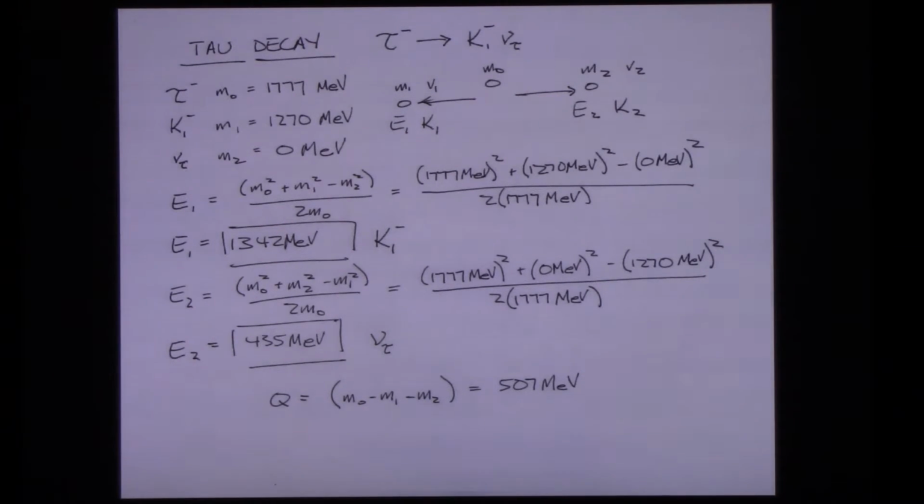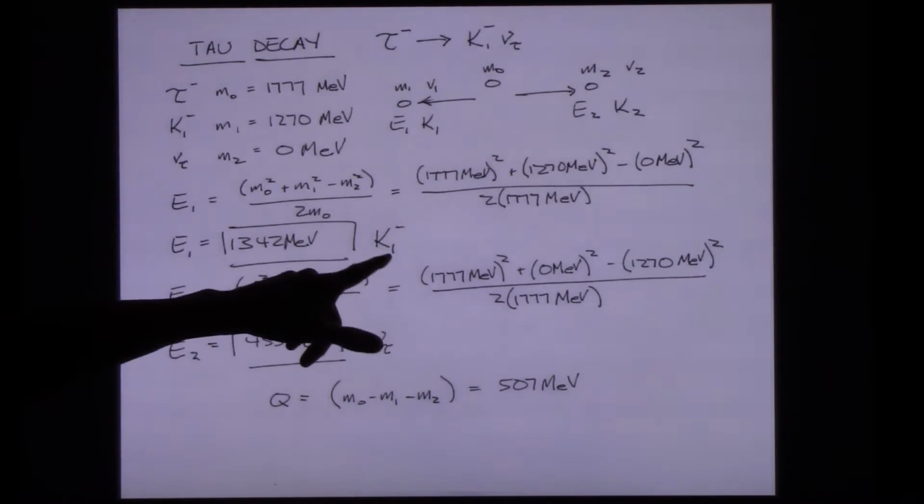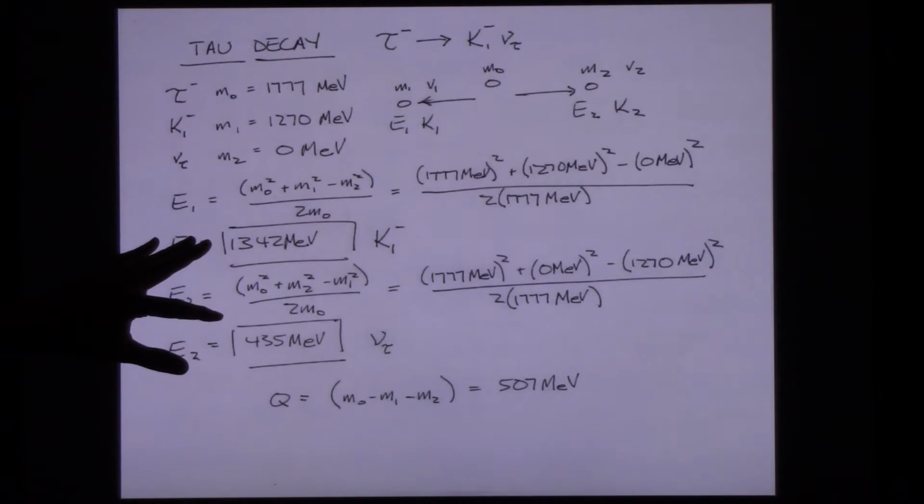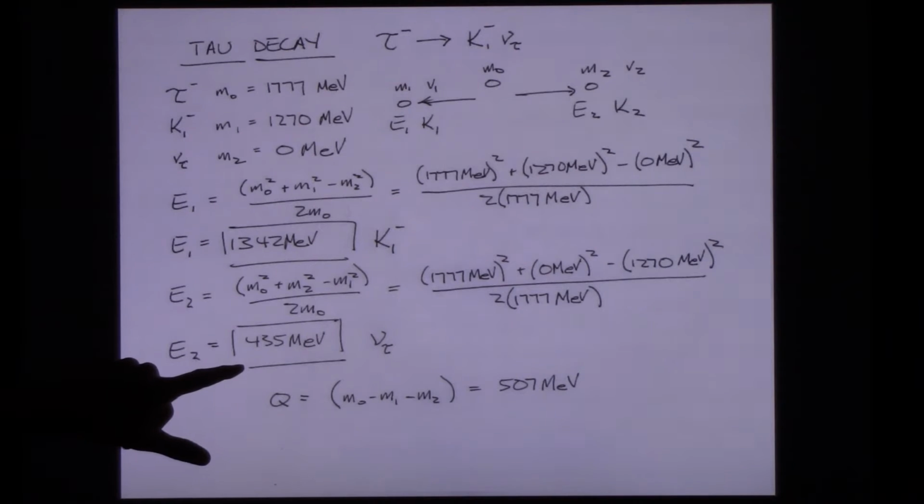So, as we saw before, the K1, the heavier particle by far, picks up much more of the total energy than the neutrino did. Okay, so that was kind of step one, get the total energies.